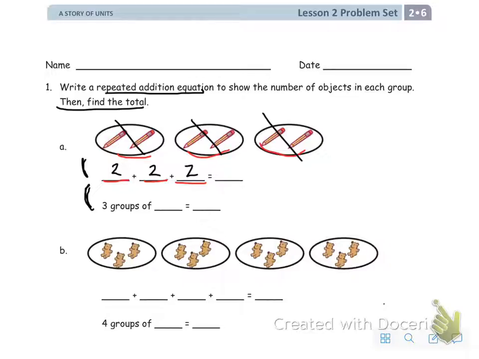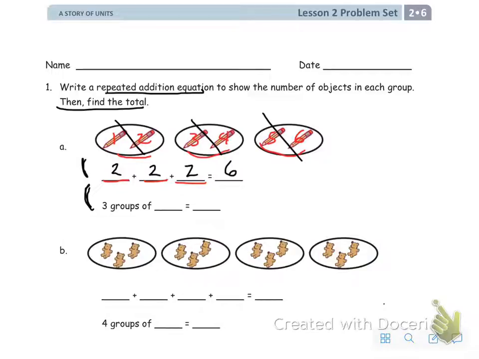Alright. And then I have to think to myself, okay, so 2 plus 2 plus 2 is 6. Okay? So you can come in here and be like, oh yeah, so I've got 1, 2, 3, 4, 5, 6 of these, so that's how you can kind of double check this.